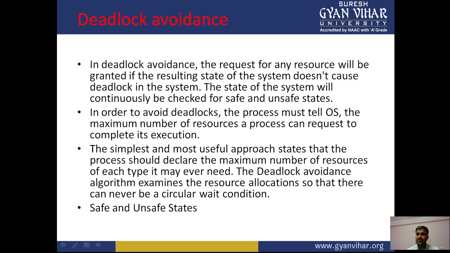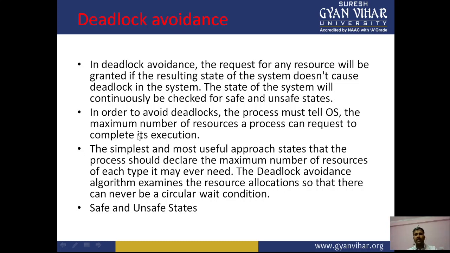The safe sequence of processes and allocations of the resources ensures the safe state. Deadlock avoidance algorithms try not to allocate the resource to a process if it will put the system in the unsafe state.